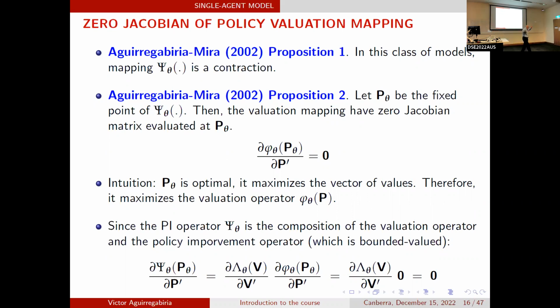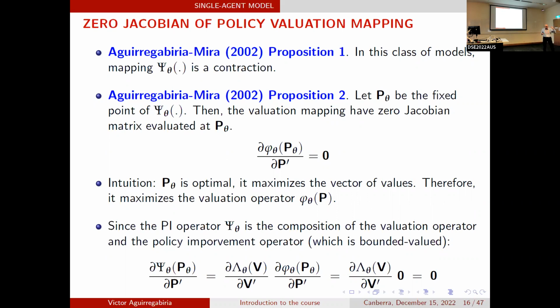If we are in the solution of the dynamic programming problem, in this vector of CCPs that solve this fixed point mapping, the derivative of the evaluation mapping with respect to P is equal to 0. And this is, I think, quite intuitive if we think about what this valuation operator is.